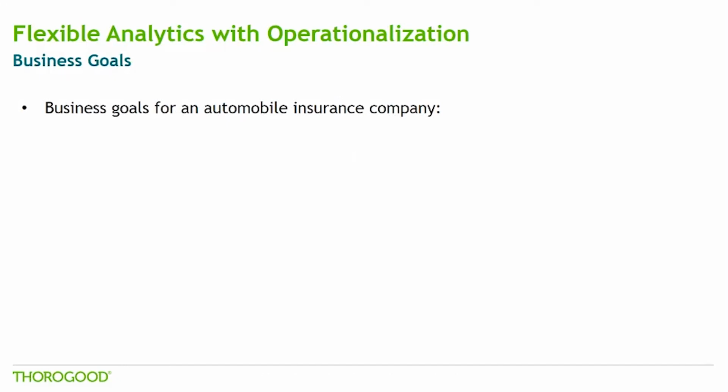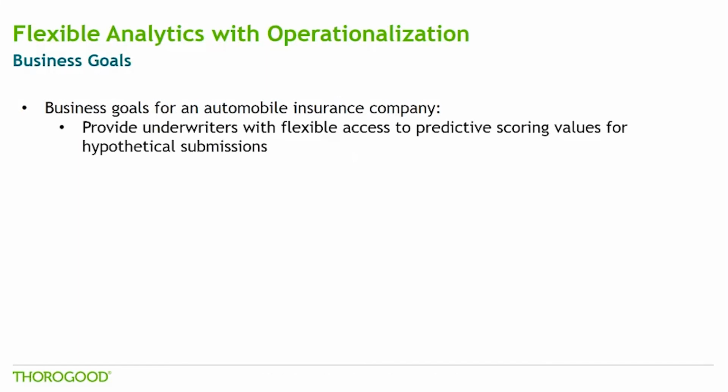So for this demo, we're going to use the same model. However, the use case is going to be slightly different. In this case, we want to provide underwriters with flexible access to predictive scoring for hypothetical situations. The key difference with the prior demonstration is that this is all going to be hypothetical, sort of what-if analysis.